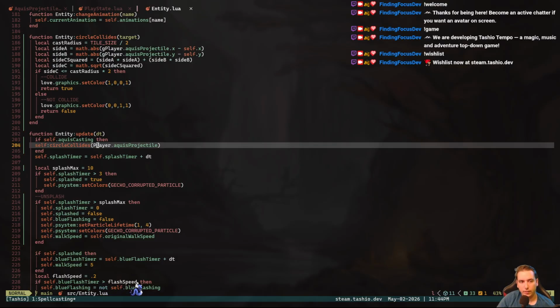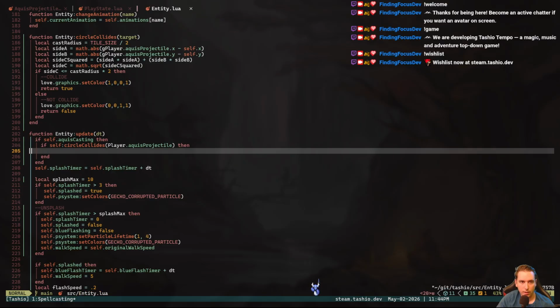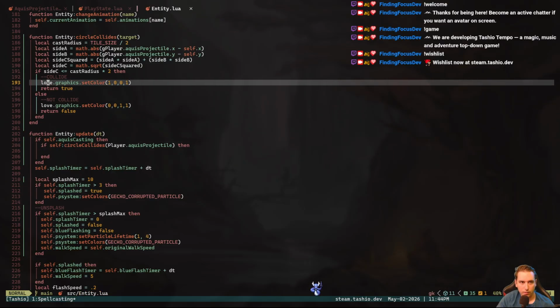So if we're running this, we should get a return true. Yeah, it's almost like we need to do a conditional here where we say, well, if this is true, then we want to do something like set the color.